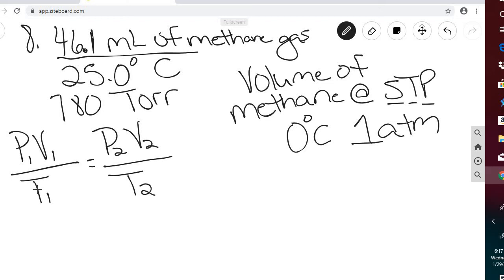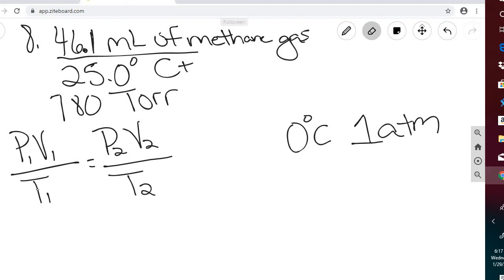So this is T1, and to convert to Kelvin, we're just going to add 273.15. So this is T1, and this is P1, and so that temperature is 298.2 K.